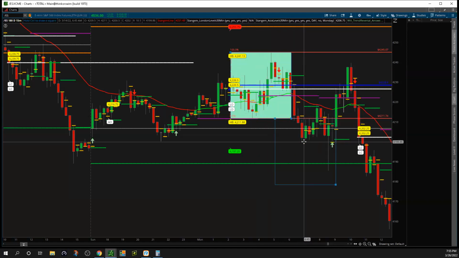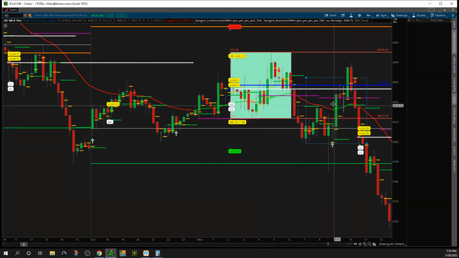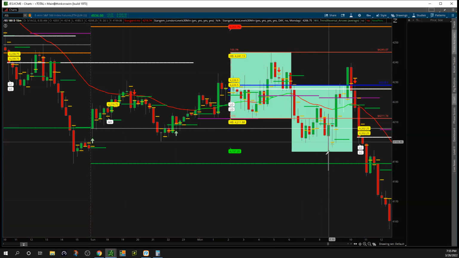Where's the second target? This target hit. Sure does. Does target hit before London close? Absolutely.